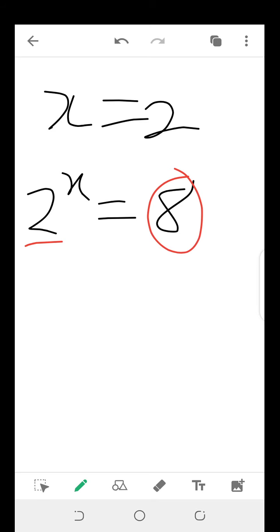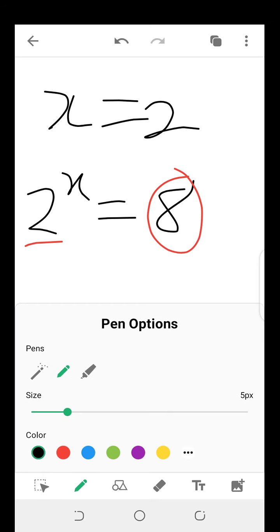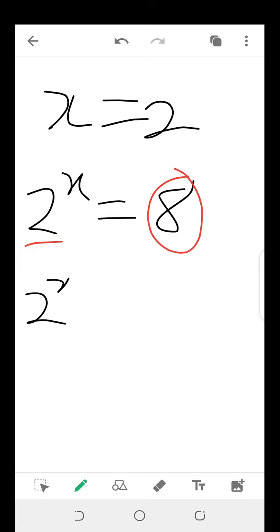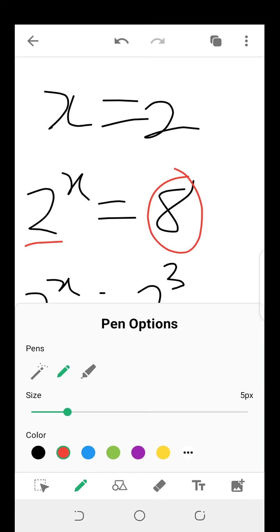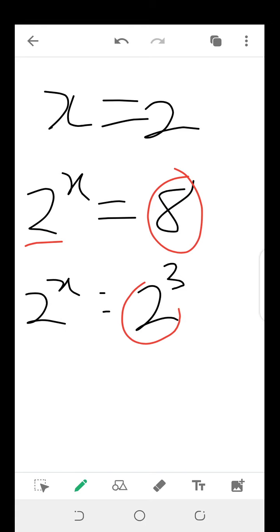So 2 raised to power x is now equal to 2 raised to power 3, because 2 raised to power 3 gives us 8. 2 times 2 is 4, 4 times 2 is 8. Now they have the same base, which is 2 here and 2 here, so we equate the exponents. We can now say that x is equal to 3.